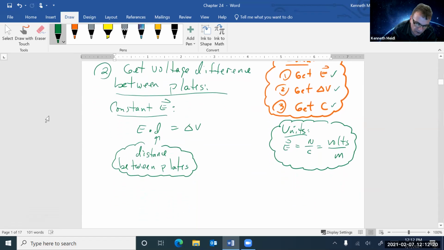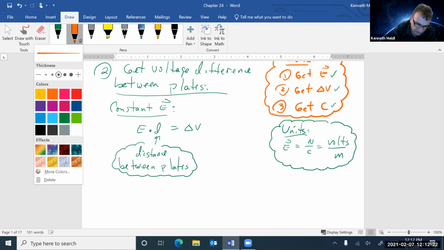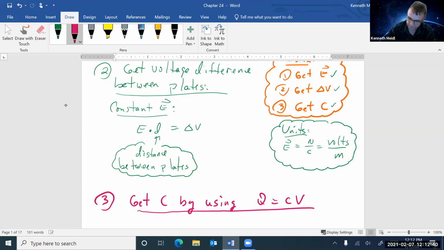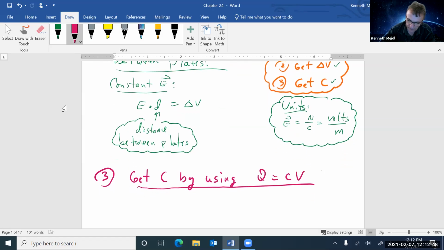So how do you get the capacitance here? You're going to now get the capacitance by using, and you might have to be clever here, Q equals C times V. I'm going to use that general statement that works really for all different types of capacitors here.